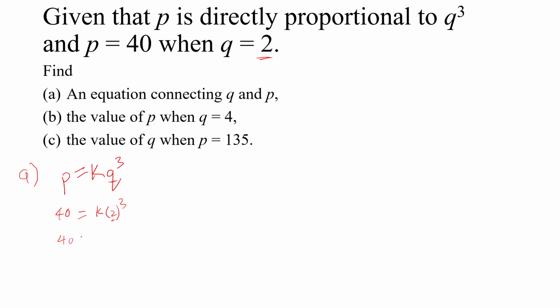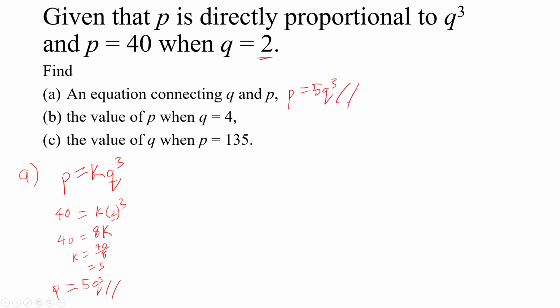Alright, 40 is equal to 2 times 2 times 2, which is 8k. k will just be equal to 40 divided by 8, which will give me 5. Again, this is not the answer. You have to write the equation connecting P and Q. So k is equal to 5. This will be your equation connecting P and Q.